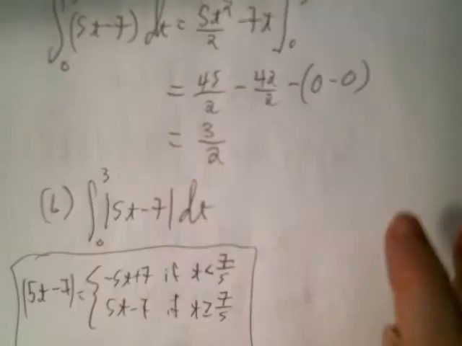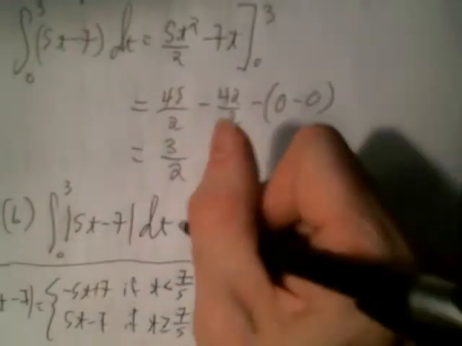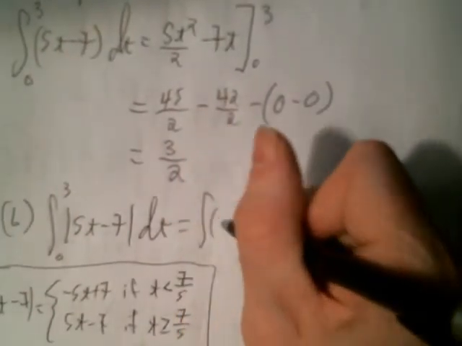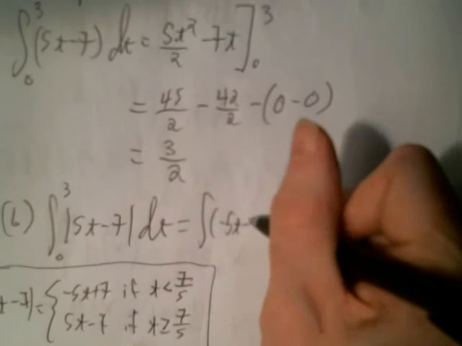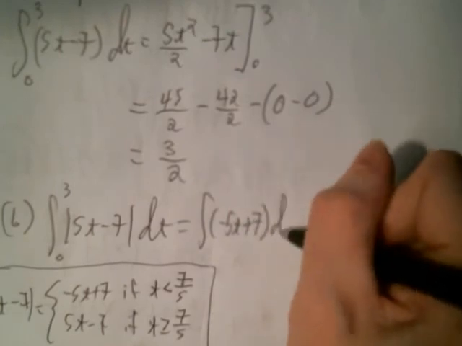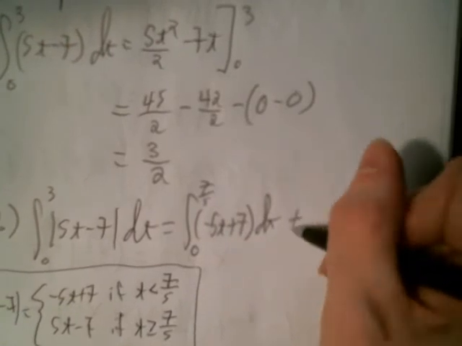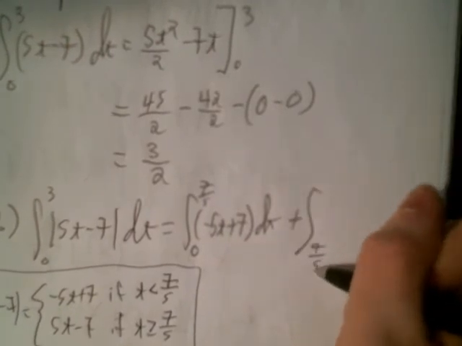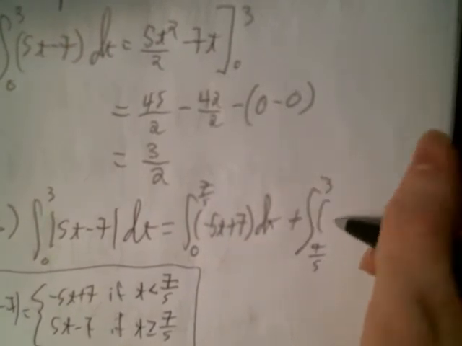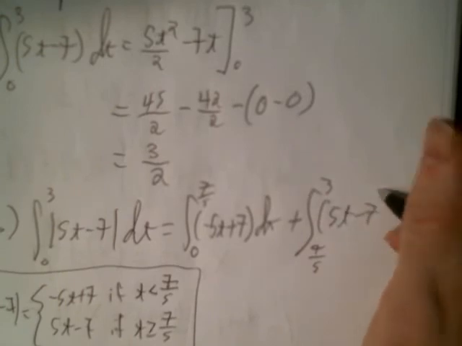Okay, so we need two integrals. First one, the integral of negative 5t plus 7 dt from 0 to 7/5, and then plus the integral from 7/5 to 3 of 5t minus 7 dt.